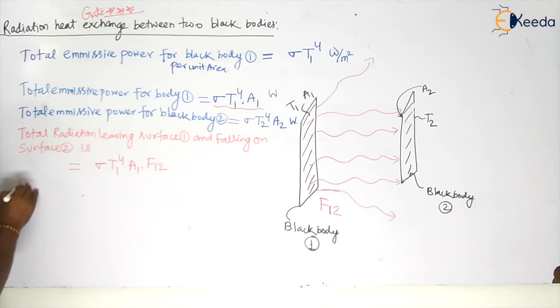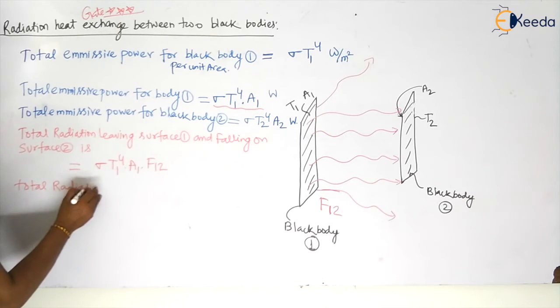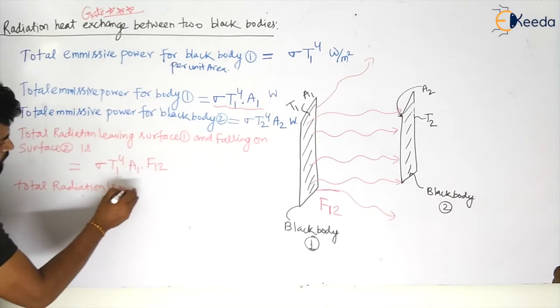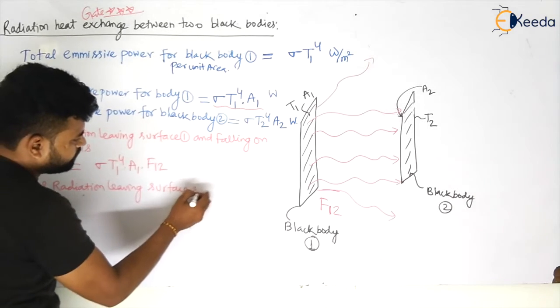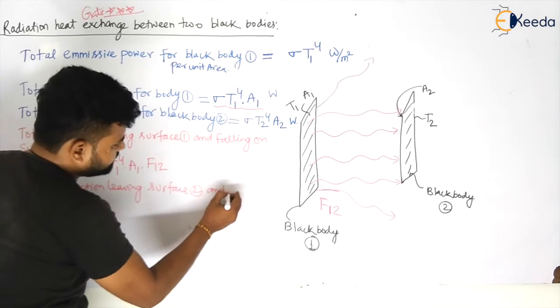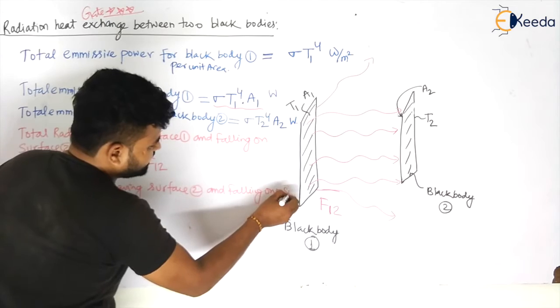Similarly, can we calculate the total radiation leaving surface 2 and falling on surface 1?